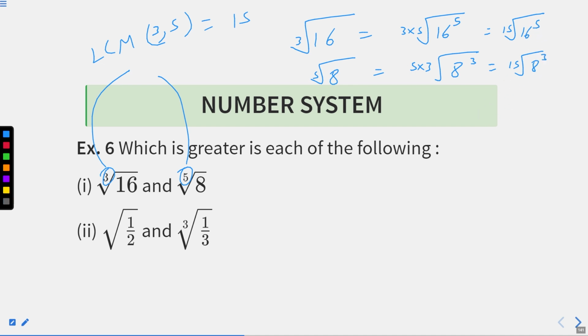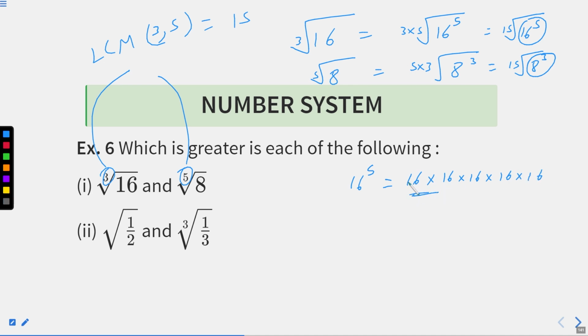And now whichever among them is greater, we can write the inequality. So 16 raised to the power 5, it is quite like 16 times 16 times 16 times 16 times 16.